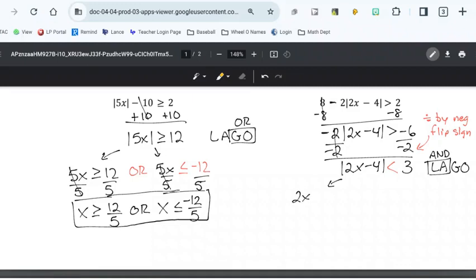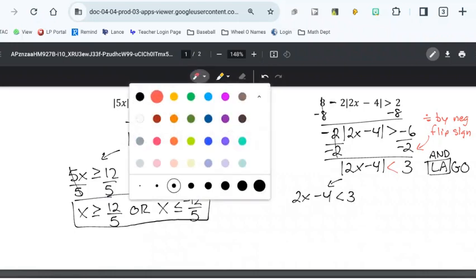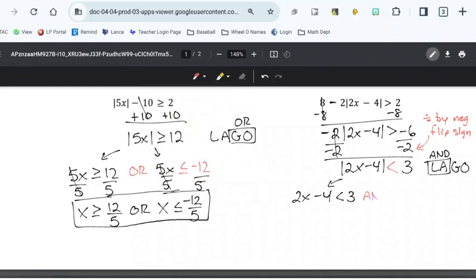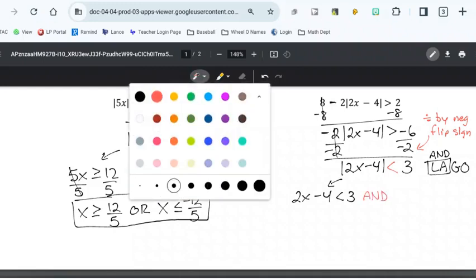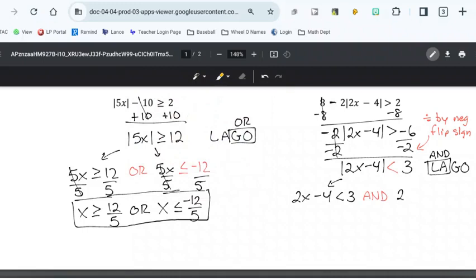We have 2x minus 4 is less than 3, and we have 2x minus 4. Remember, when we switch over to the negative solution of this, we need to flip the sign again and make it a greater than, and then make that 3 negative.